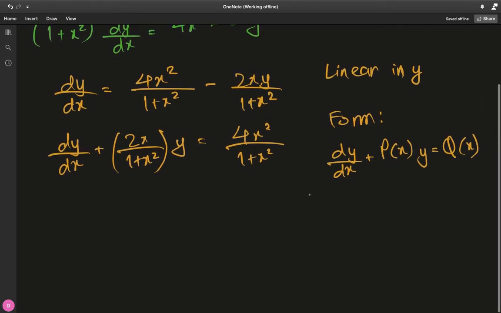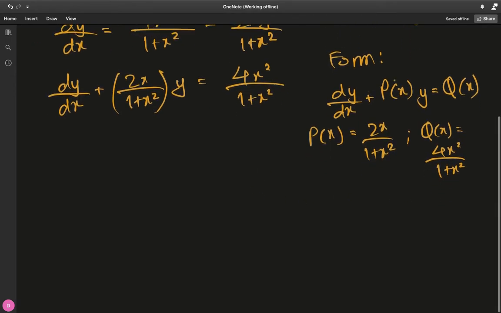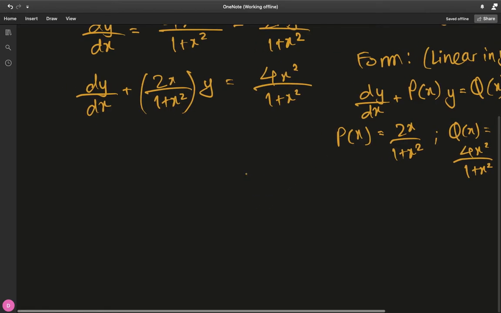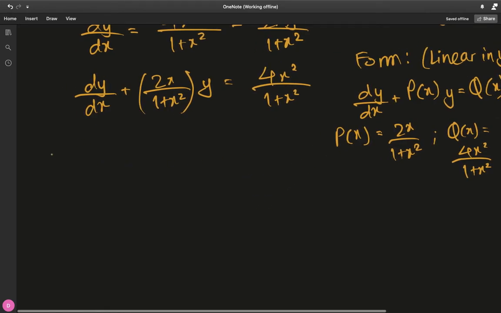So notice that p, that's a function of x, is nothing but this part, 2x over 1 plus x squared, and q, that is a function of x, is nothing but this other part, 4x squared over 1 plus x squared. And this is actually the form of a linear in y differential equation, and it fits. So this differential equation is linear in y.